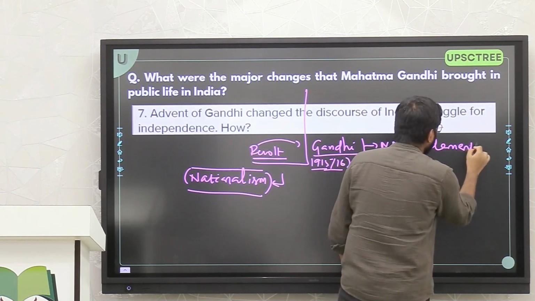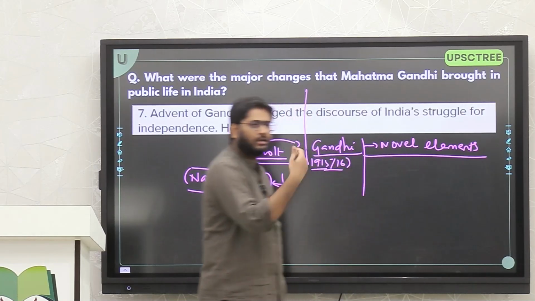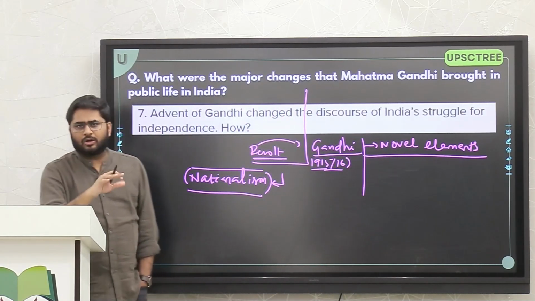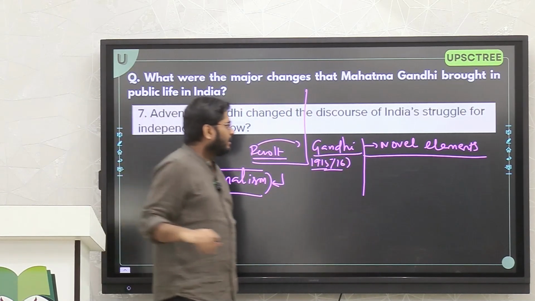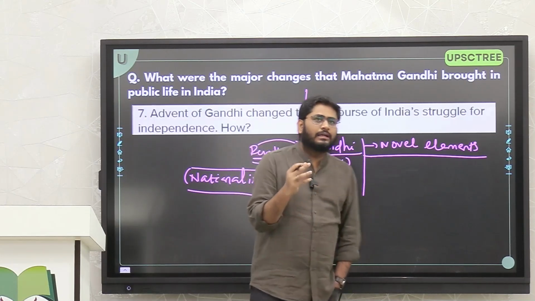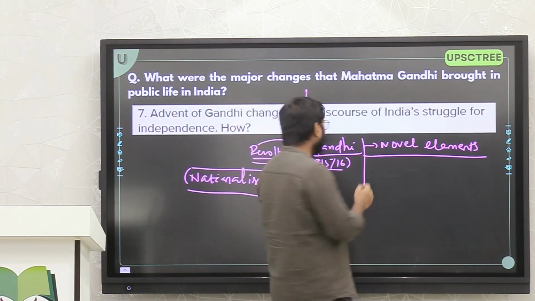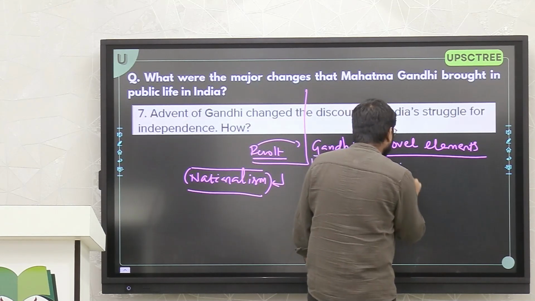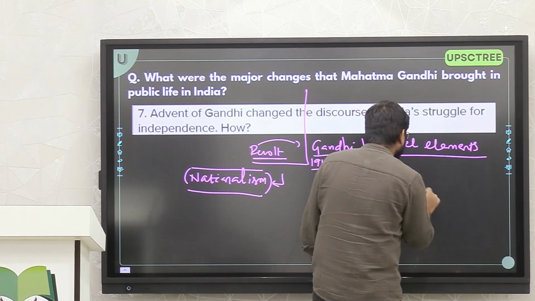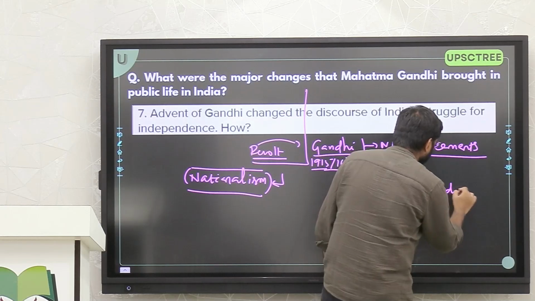What are the novel elements that you can discuss? You can talk about satyagraha, you can talk about non-violence or ahimsa, and his fight is an ethical fight. So he will bring ethics into India's struggle for independence.